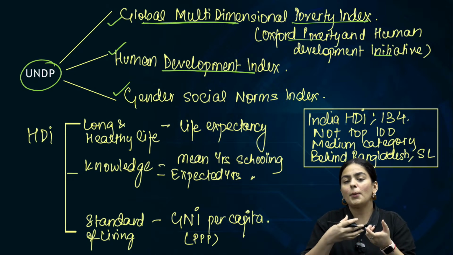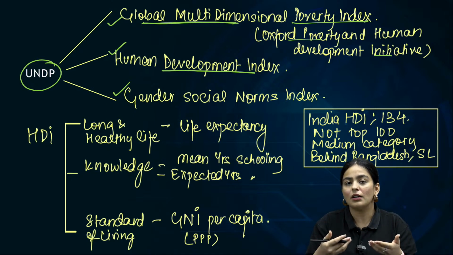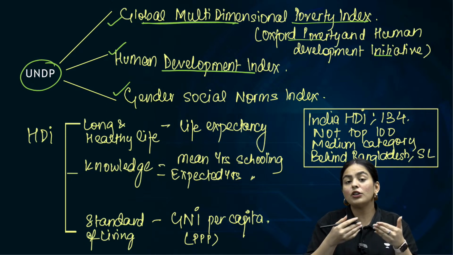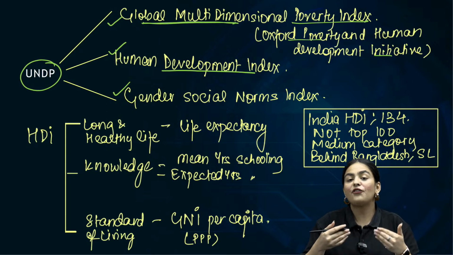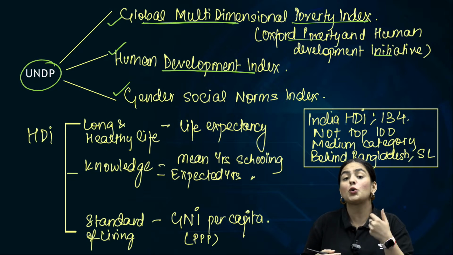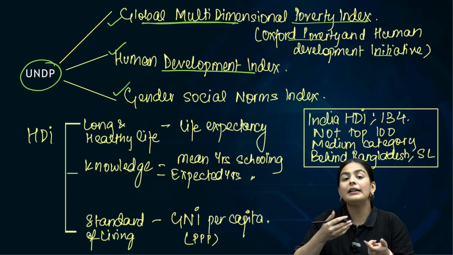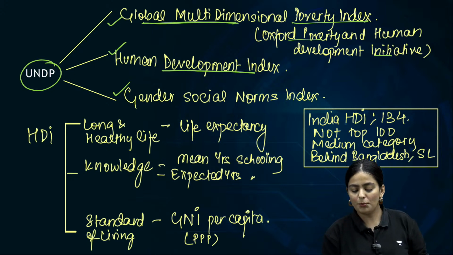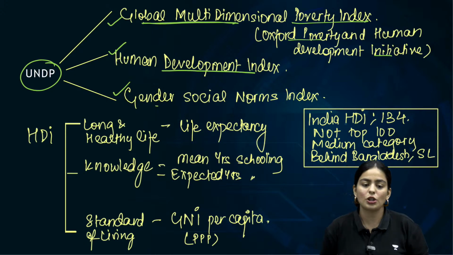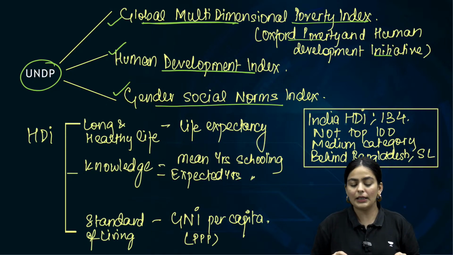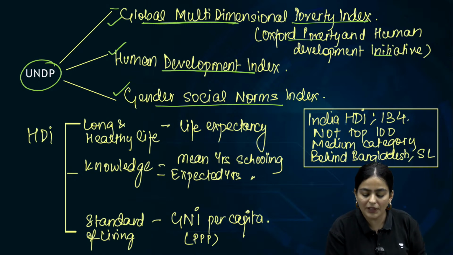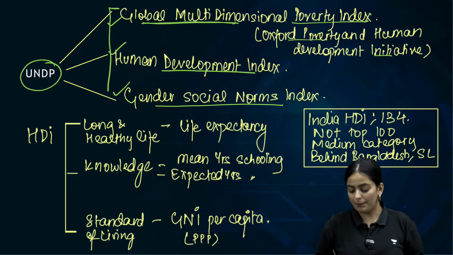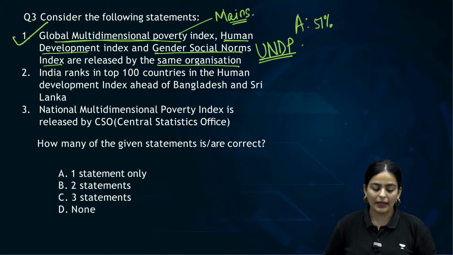A lot of people are surveyed and they answer a few questions, and on the basis of those answers they figure out if social norms, social customs, and social stereotypes are hindering women's progress. This kind of information comes under the Gender Social Norms Index. Very, very important. You can club the three together and remember that. Clear? Let's come to the second.